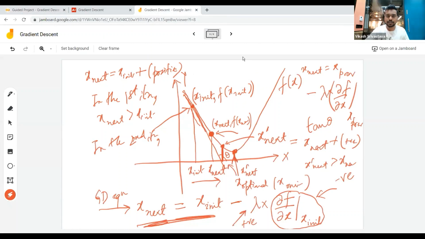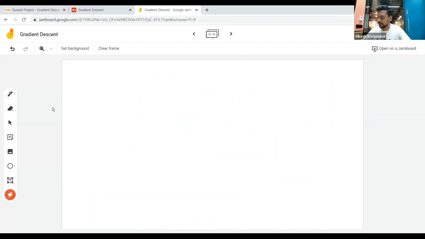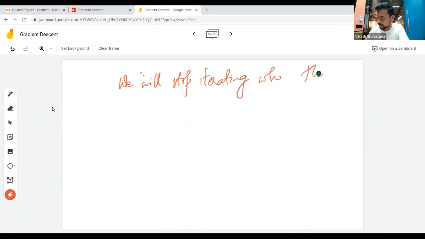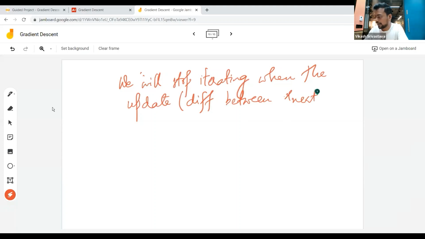Okay, so I'll just go to the next frame. So we'll stop iterating when the update or the difference between your x next and x prev is smaller than a particular value that we can call, let's say, epsilon.